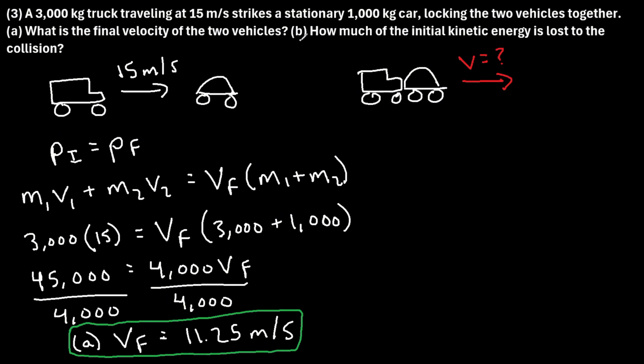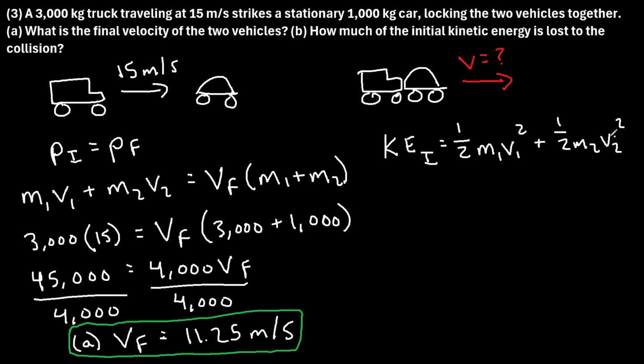Part B wants to know how much of the initial kinetic energy is lost to the collision. So first let's find what is the initial kinetic energy. We'll say kinetic energy initial. That's going to be equal to, the formula for kinetic energy is 1/2 times m, the mass of the first object, times v1, the velocity of the first object, squared. And to that we have to add the kinetic energy of the car, which is 1/2 m2 times v2 squared.